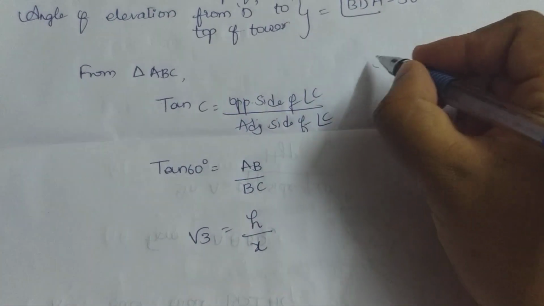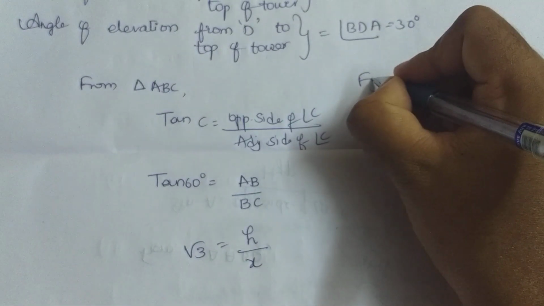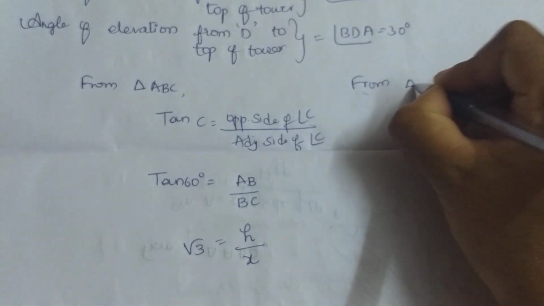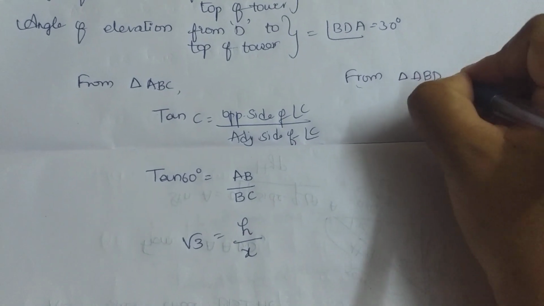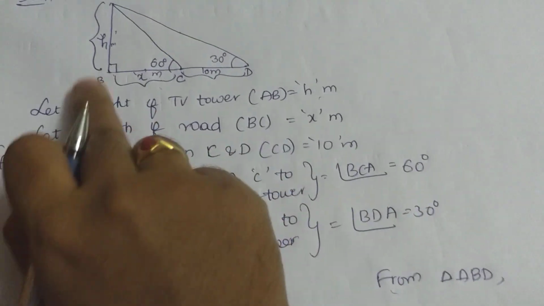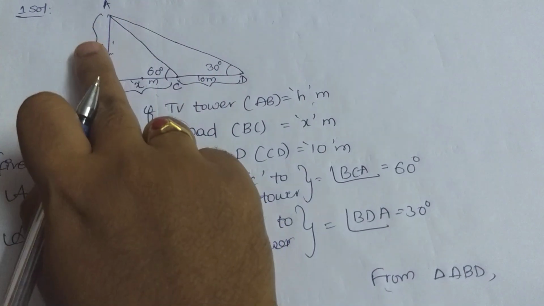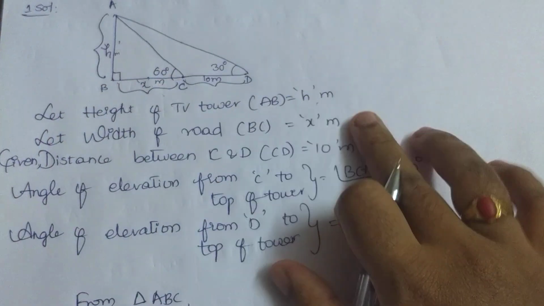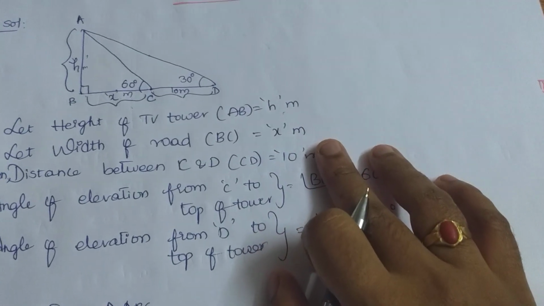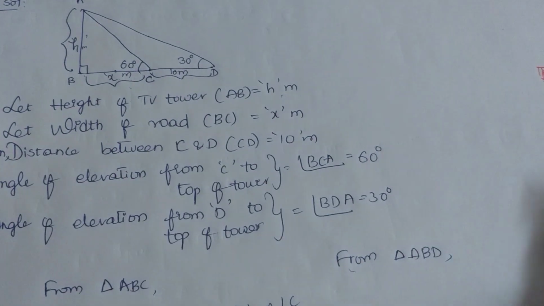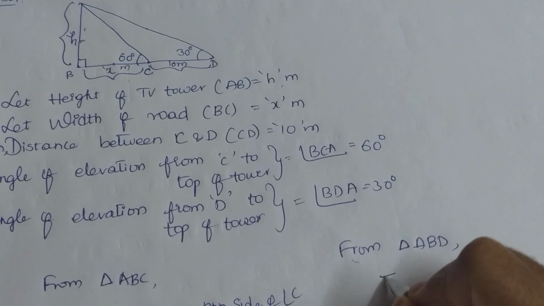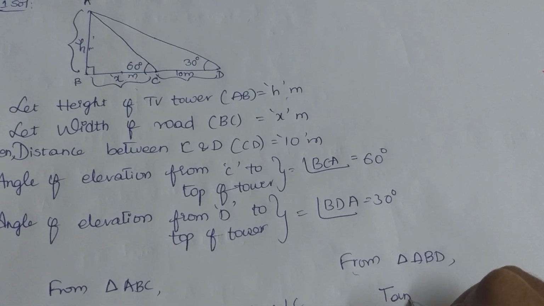Now let us move on to the second triangle, which is triangle ABD. When you see the second triangle ABD, same thing. Opposite side and adjacent side are only used. Hypotenuse is not involved. So what is the applicable trigonometric ratio? Here also I am taking tan. What is the angle taken here as reference?